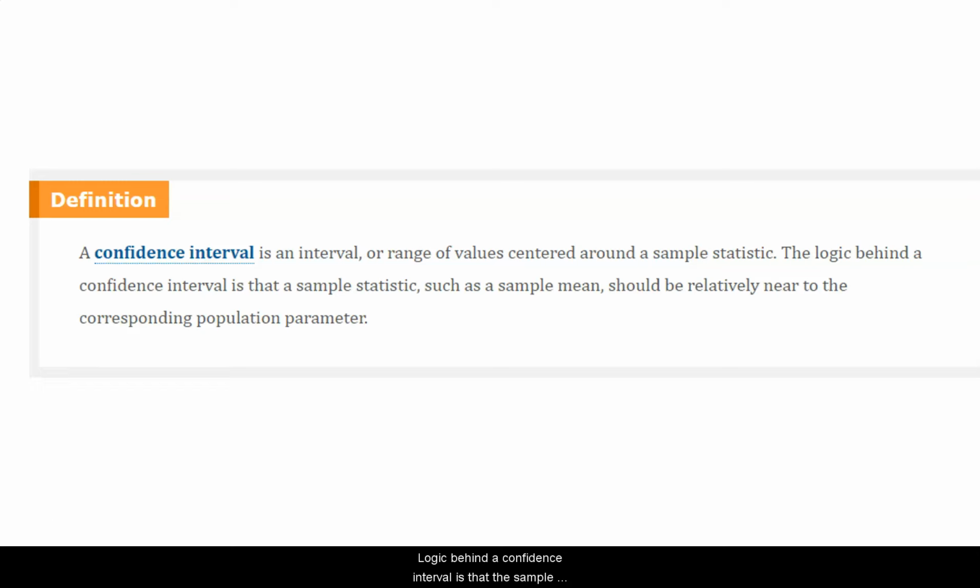So plus or minus this, what have you. The logic behind a confidence interval is that the sample statistic, such as the mean, should be relatively near to the corresponding population parameter. And we can sort of draw upper and lower bounds there, but quite literally for your test, I'll just have some sort of question dealing with a definition, like a multiple choice on which of these is the actual definition. So really there's nothing to worry about.